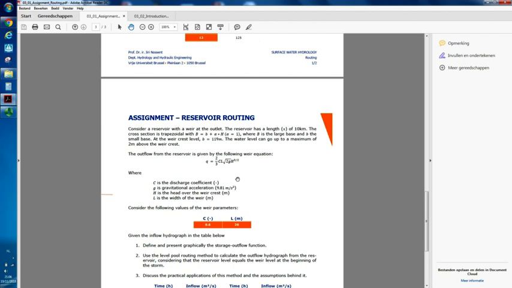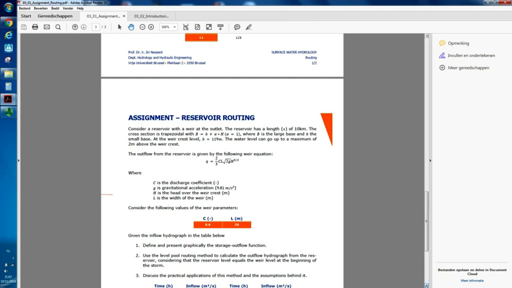This is a typical weir equation where Q is equal to 2/3 of CL, C being the discharge coefficient, L the width of the weir, and then the square root of 2g, where g is just the gravitational acceleration, and then h is the head of the weir over the weir crest, so the water level above the weir crest. C is in this case 0.6, L is in this case 20 meters.